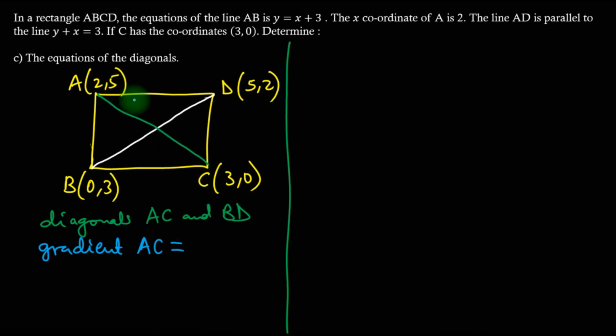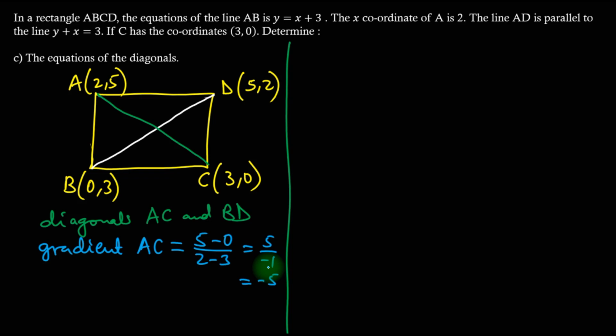So y coordinates 5 minus 0 over the x coordinates 2 minus 3. We get 5 over minus 1, which is minus 5.